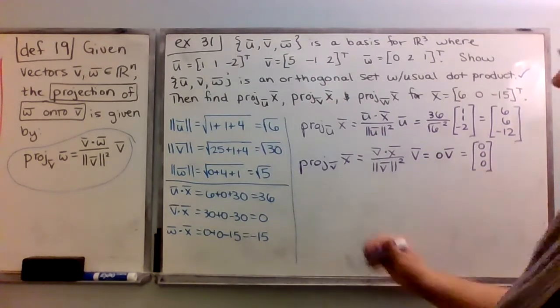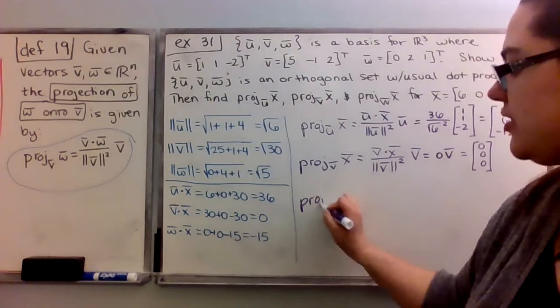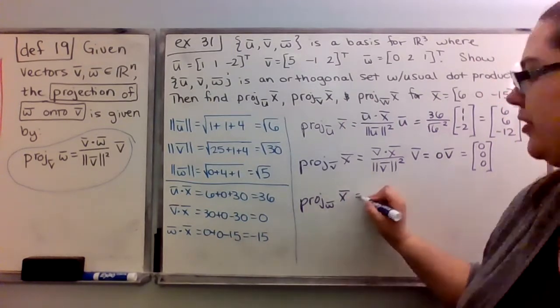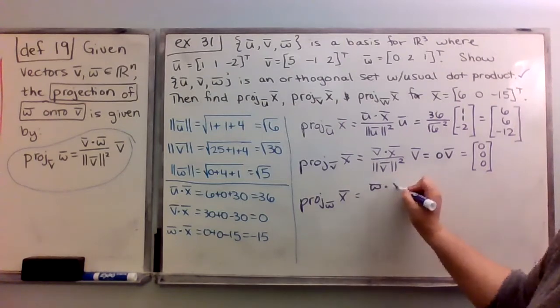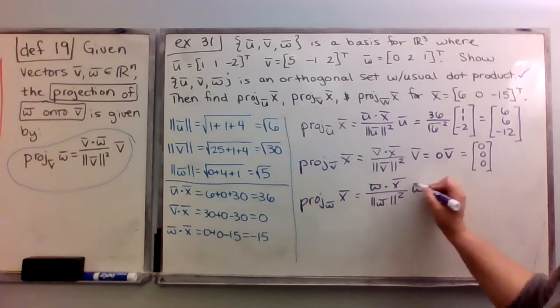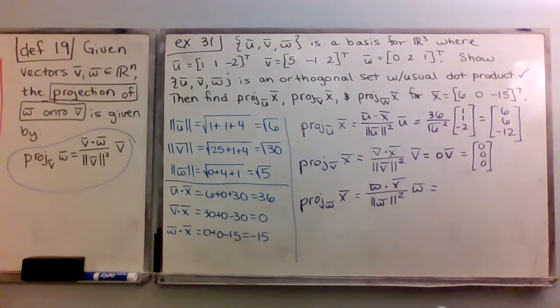So this is its projection. There's no piece there. And then lastly, let's do the projection of x onto w. This is going to be w dot x over the norm of w squared times w. This time we don't get 0.